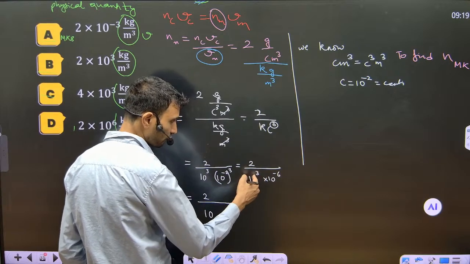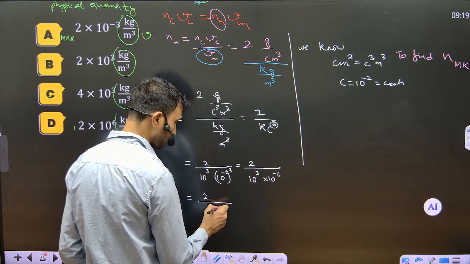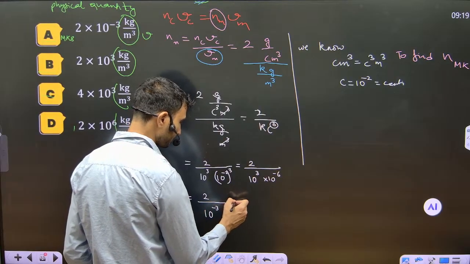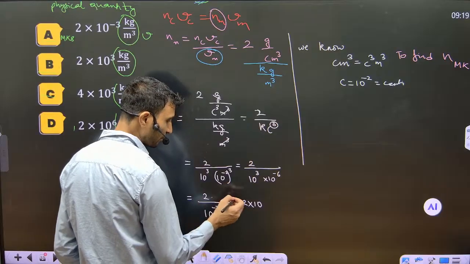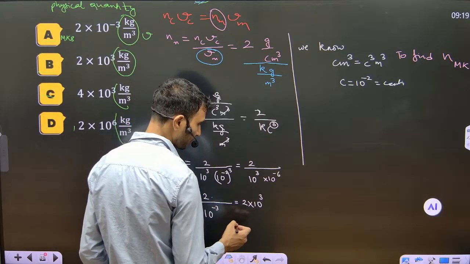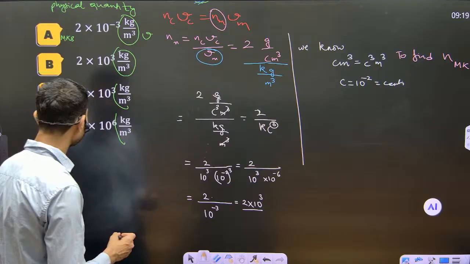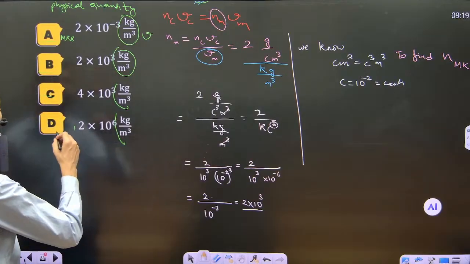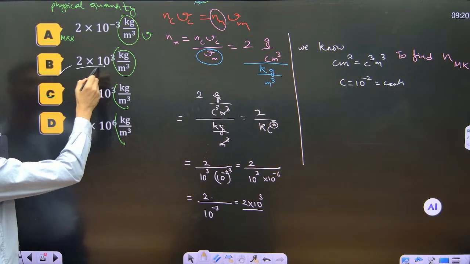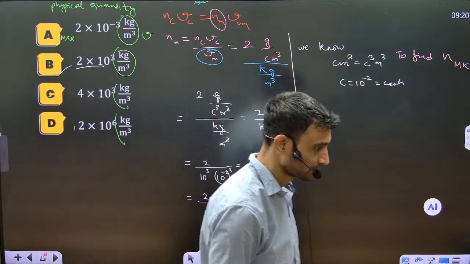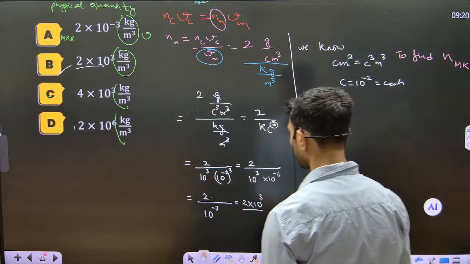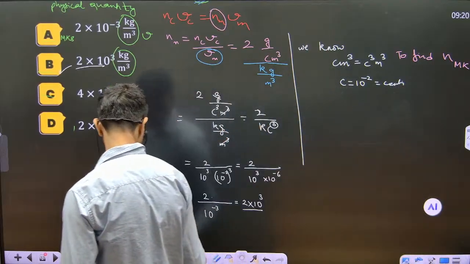That will become 3 minus 6, which is minus 3. This will go in the numerator and become 10 to the power 3. So we are getting 2000. Which option is correct? 2000 is this option. So you can take down the whole question now.